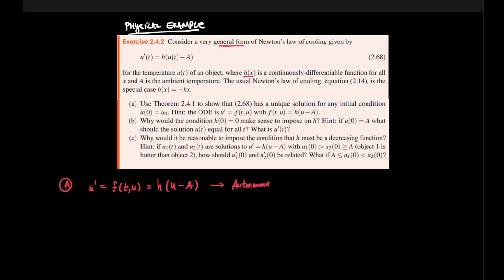So it's autonomous. And what did we say with our assumption that h of x is continuously differentiable? For that first part of our existence and uniqueness theorem, we can say that h of u minus a is continuously differentiable, which is a stronger condition than just being continuous.